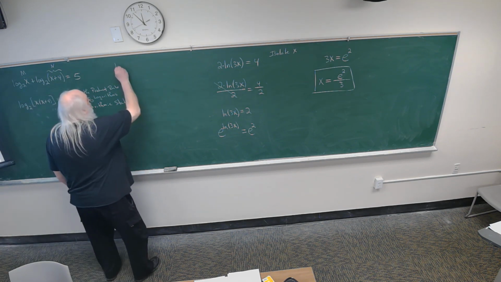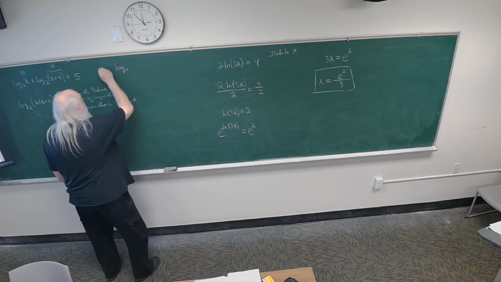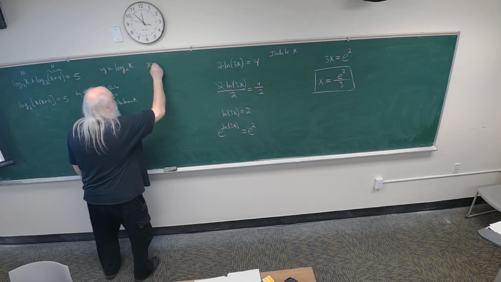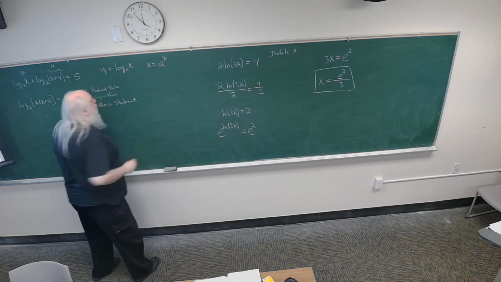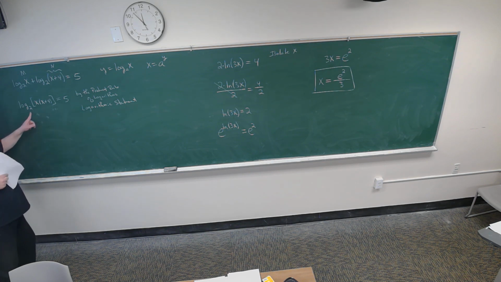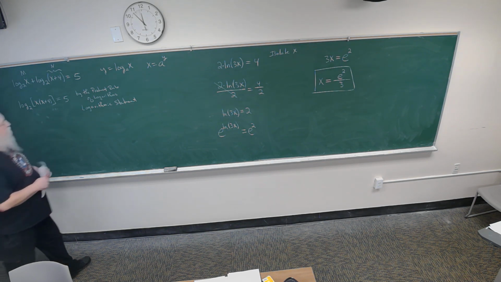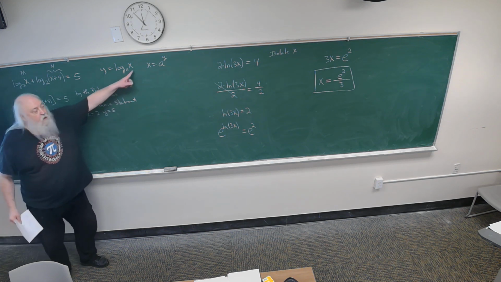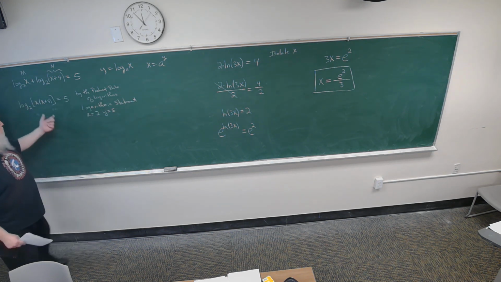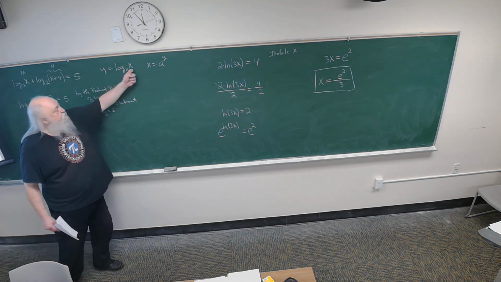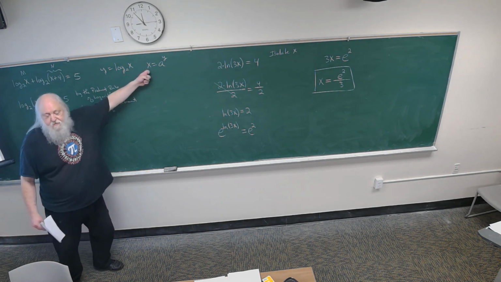So if y is equal to log base a of x, then x is equal to a to the y power, right? Well, a is equal to 2, y is equal to 5. Now what's different is the argument isn't just x, it's x times x plus 4. So we just replace x with x times x plus 4.